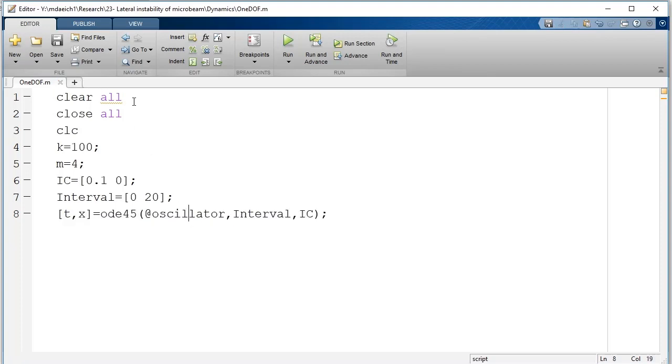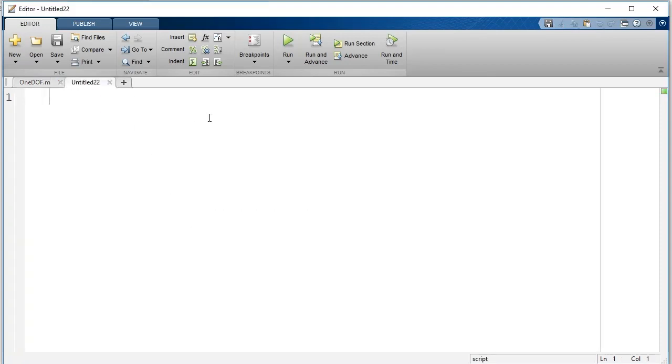So I would open another tab and say function. You can put any name here. I usually put DXX is equal to oscillator. This is the name of the function that we were using in the other code to call on this function. So oscillator of T and X.